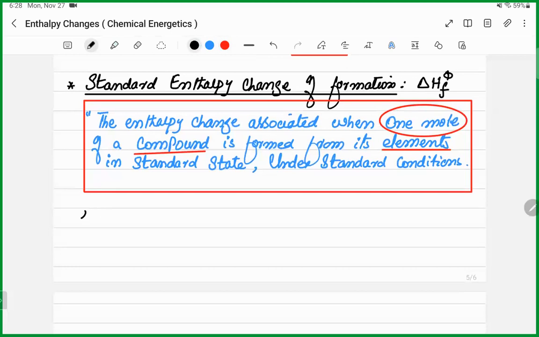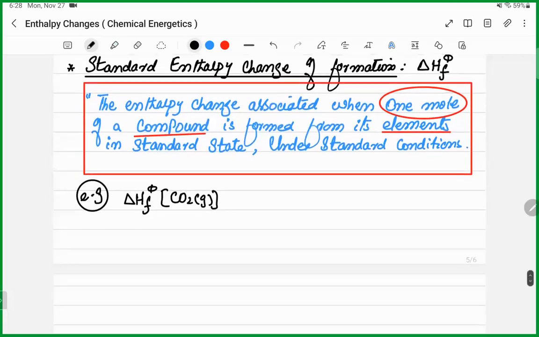As an example, if I ask you to write down the equation for the enthalpy change of formation for carbon dioxide gas, ठीक है? अब जरा बोर्ड पे देखिए गौर से, and then you can write it down later on. ठीक है, इस नोटेशन को समझिए.